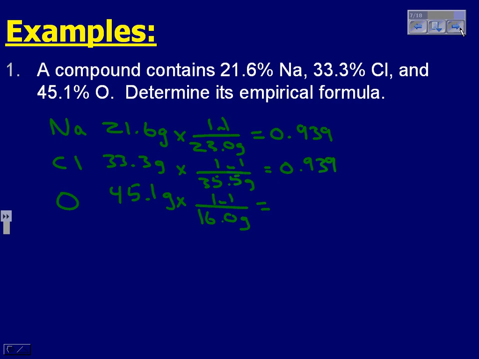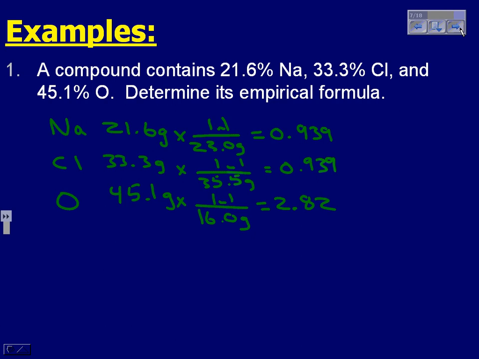And finally, 45.1 divided by 16 equals, and that is 2.82 moles. Now we could stop there, we could come up with a formula, but it would be incorrect. We could say that it's made up of Na with 0.939 and Cl with 0.939 and O with 2.82.